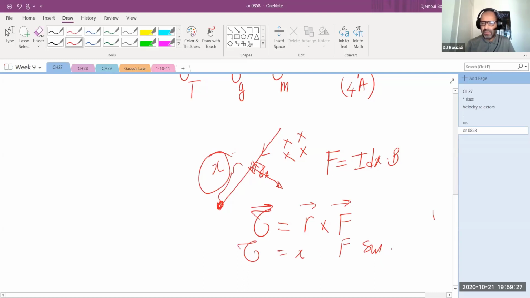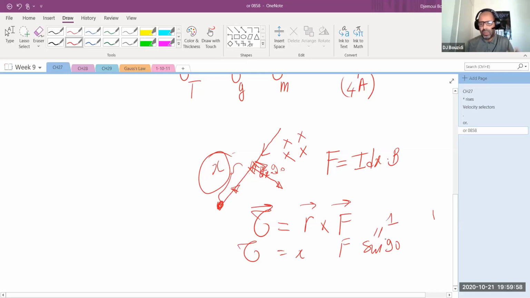So it's a negative sign, but that's fine. Sine of 90 degrees, because this is the angle between the vector R and the force, and the negative is taken care of by the direction of the force. But again, I'm taking just the absolute value because all I want is the magnitude. And this is clearly 1, okay?